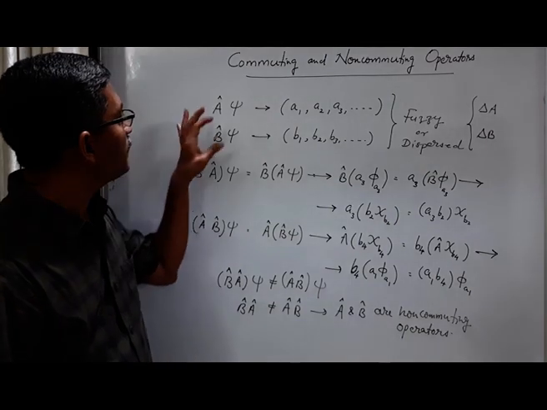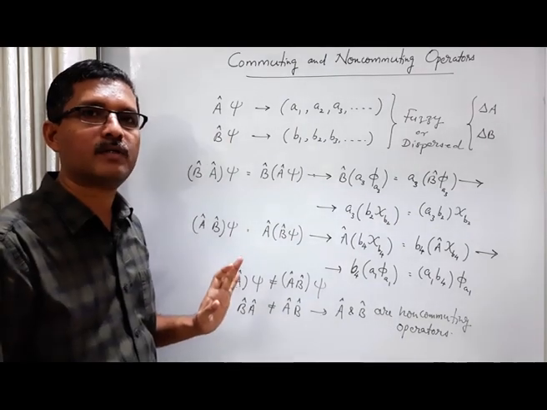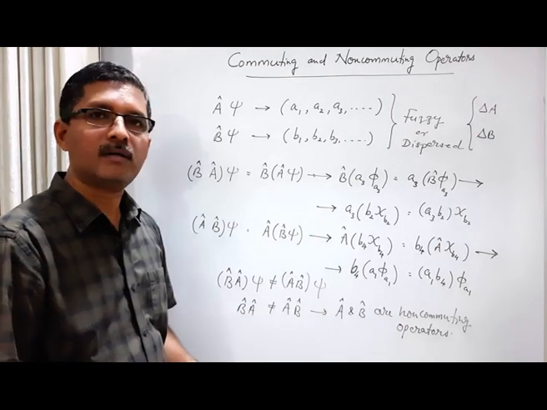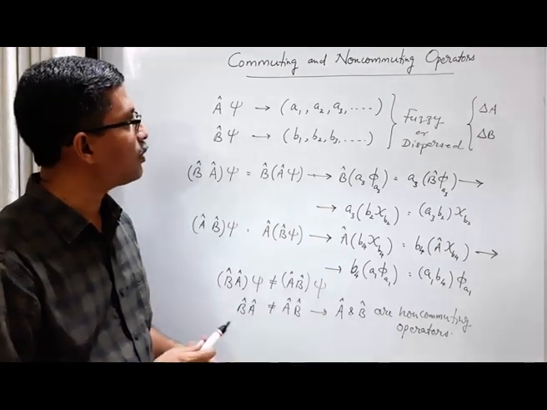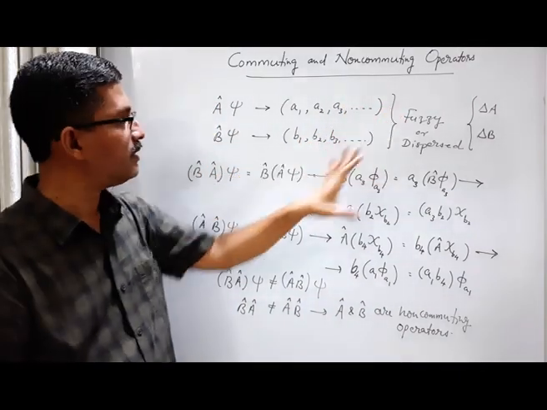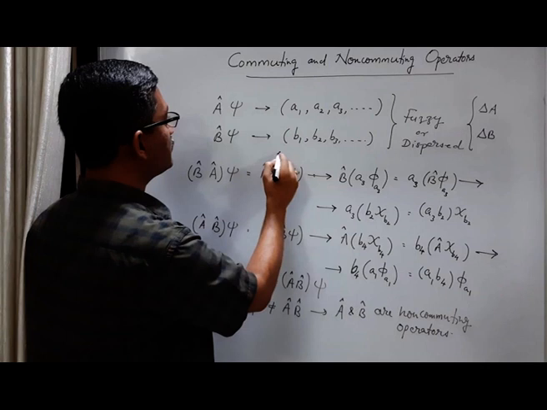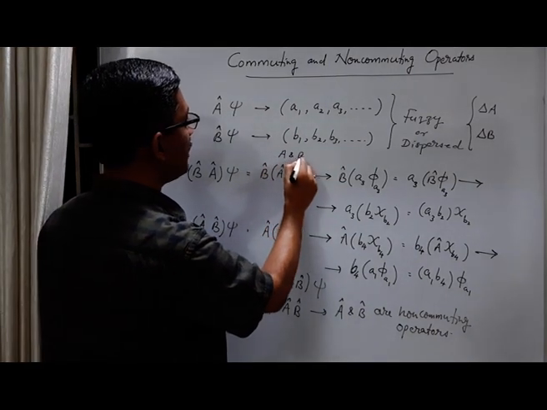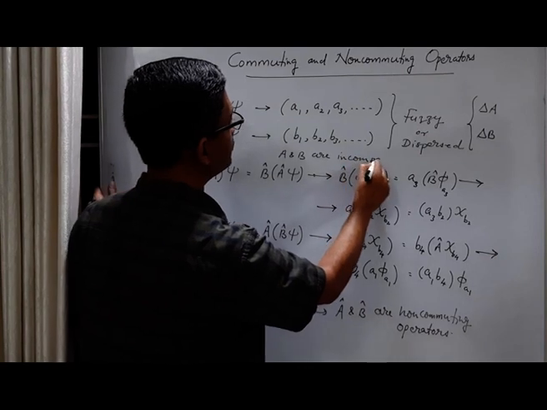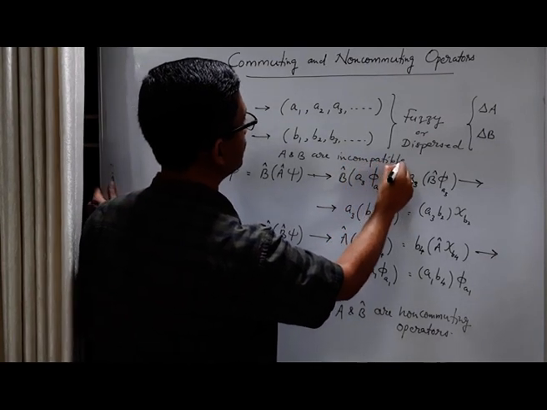So what is our result? If psi is not an eigenstate of either A or B, then A and B are non-commuting operators. One more point is that both A and B are dispersed in this state. Another way of saying this is that the physical quantities A and B are incompatible.